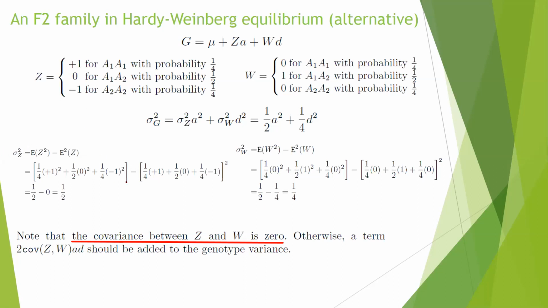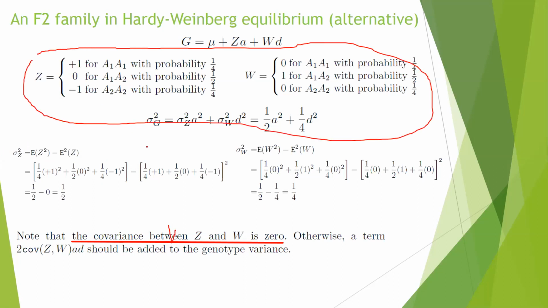Okay, all right, so on this slide, this is how we define these two random variables. We just showed this, right? In the F2 population, the total variance of the genotypes is equal to this and this in the F2 design.